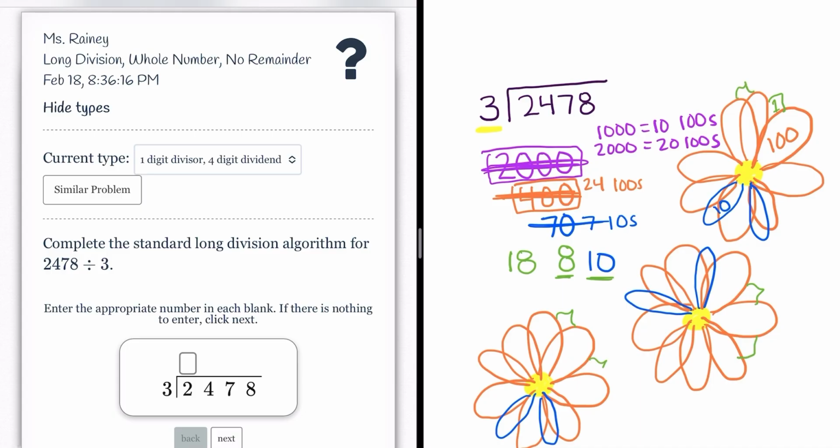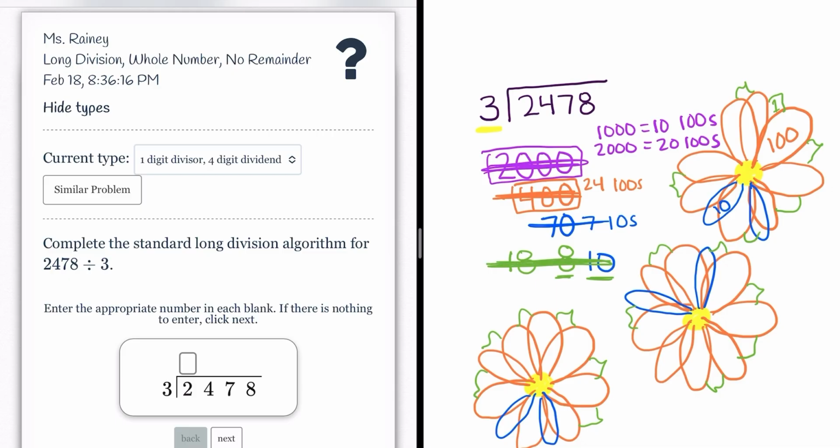That divided evenly, so I now have cleared out both that 8 and 10.